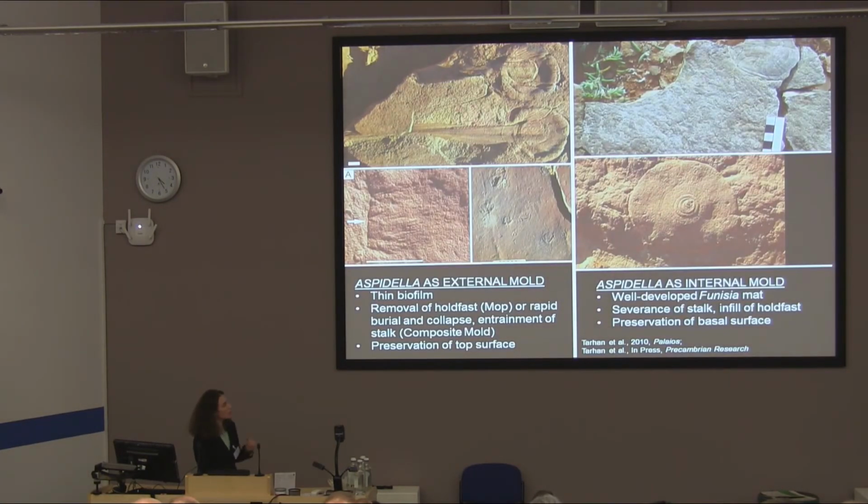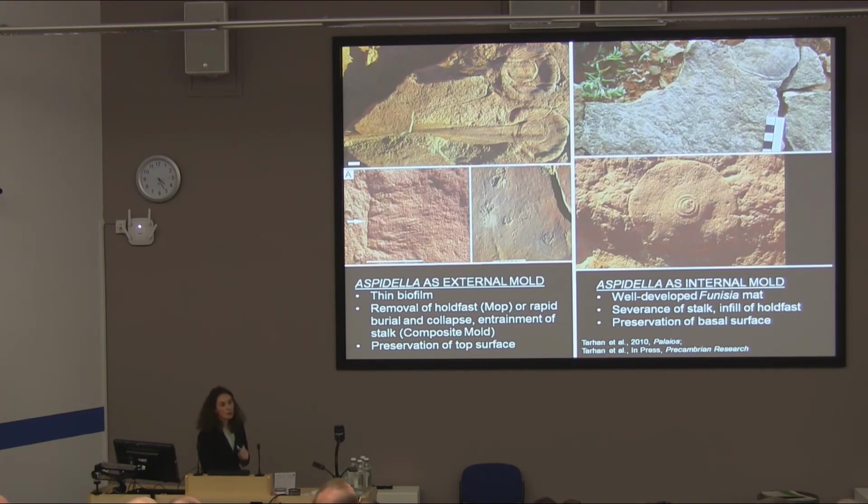And perhaps one of the most compelling examples of the manner in which we can combine data on body fossil morphology and taphonomy and on textured organic surfaces, and understand how one mediates the other, is the case of Aspidella. Aspidella is a form genus for the holdfast of a frondose organism, a Charniodiscus type organism.